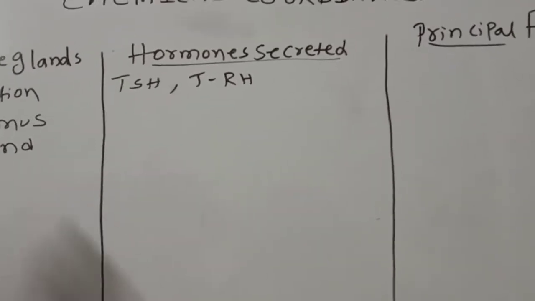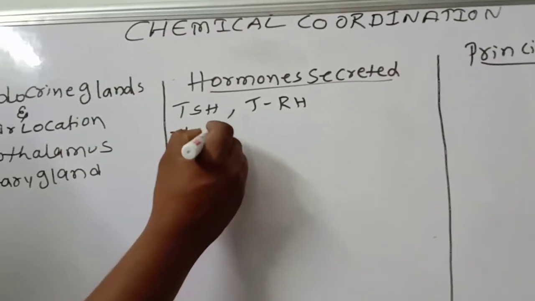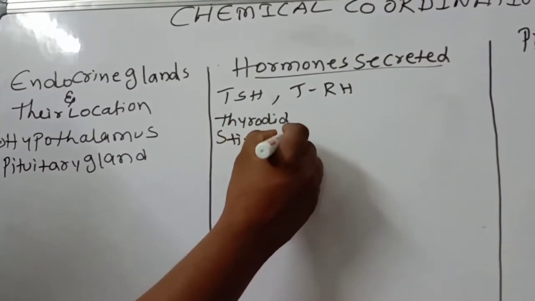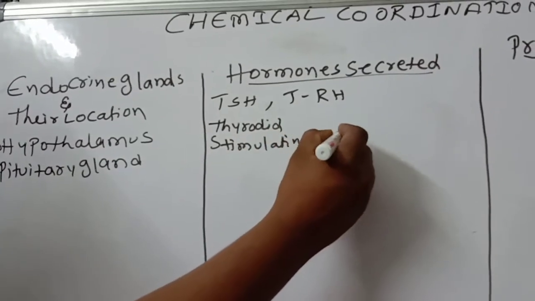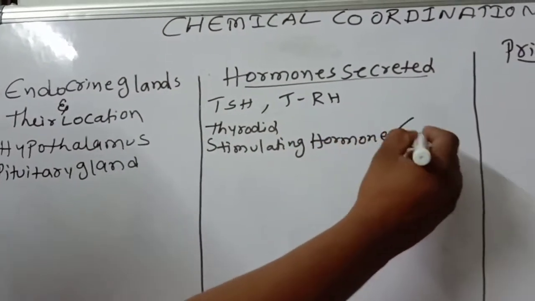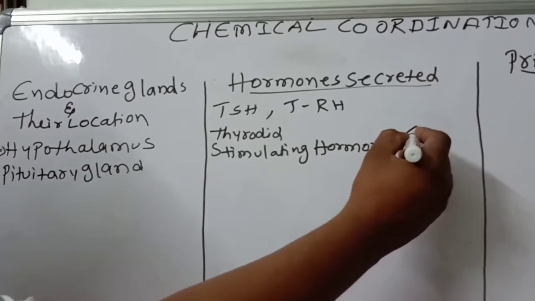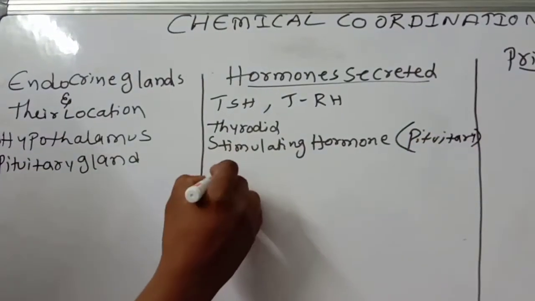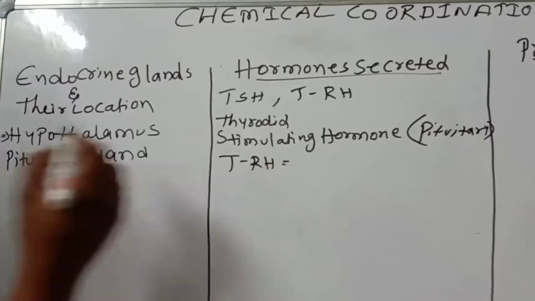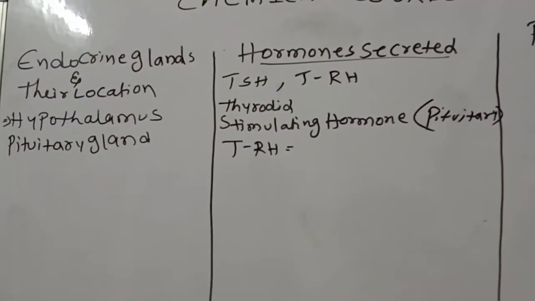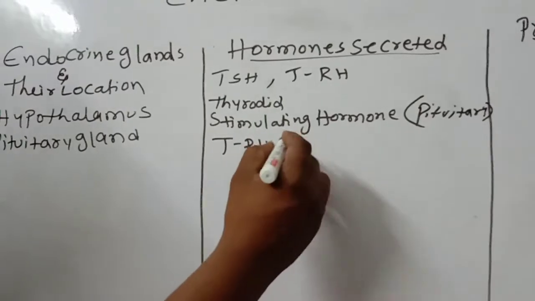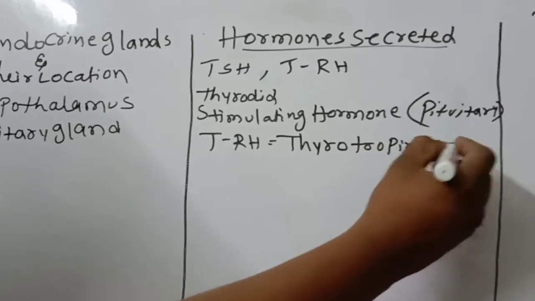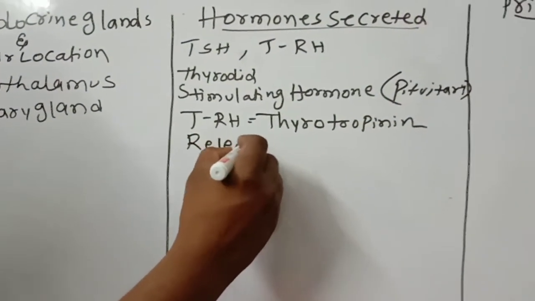What is the full form of TSH? Thyroid stimulating hormone. This is related to which one? The pituitary gland. What about TRH? TRH means thyrotropin releasing hormone.